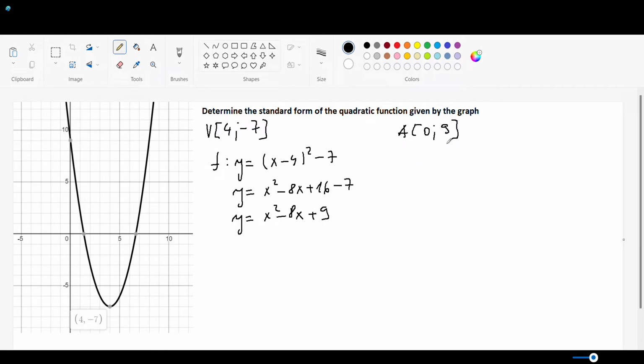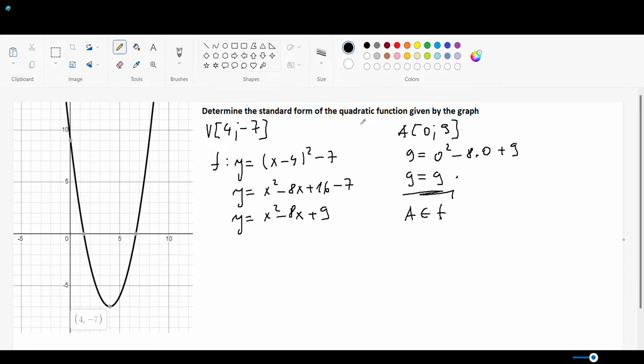As this point must belong to the function f, we simply check if 9 equals 0 squared, take away 8 times 0, plus 9. Why 0 squared? Because x for this point is 0, and by solving this equation we see that 9 equals 9, which is true, and it means that point A belongs to the function f.